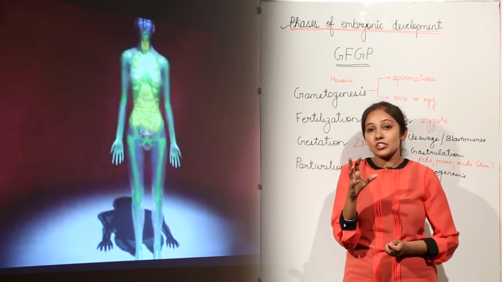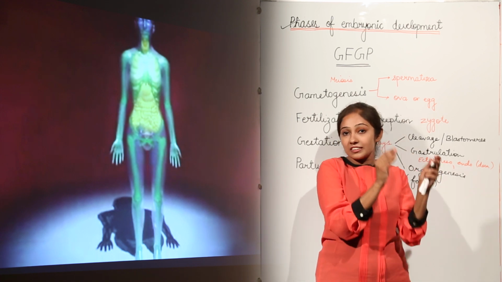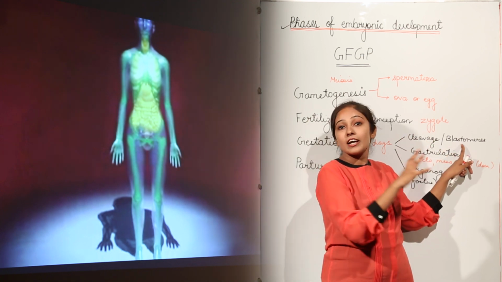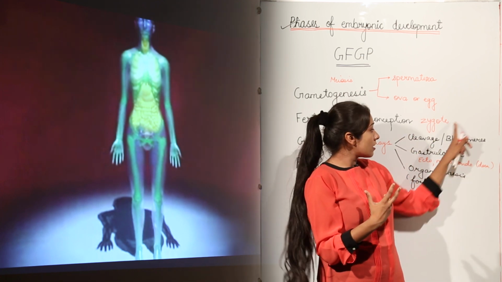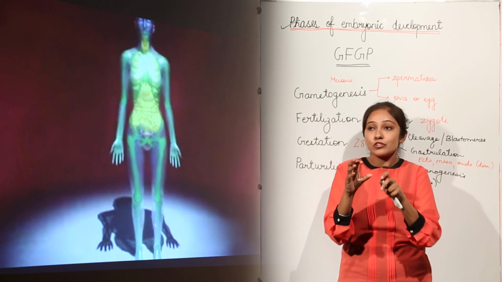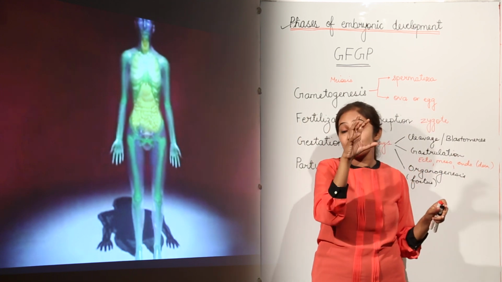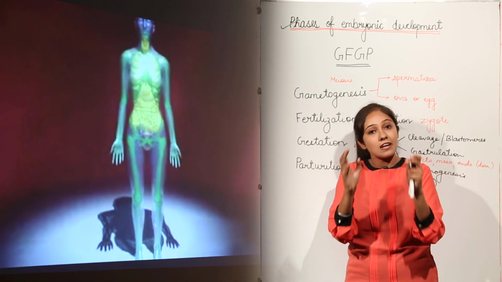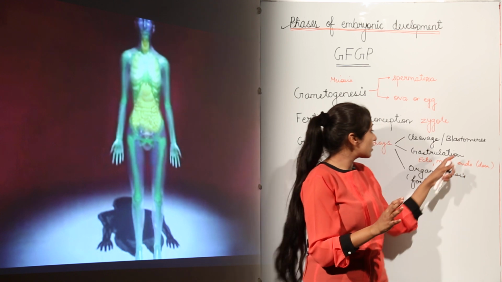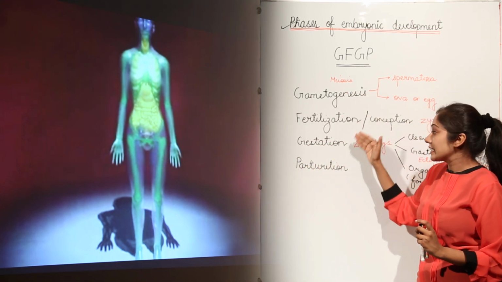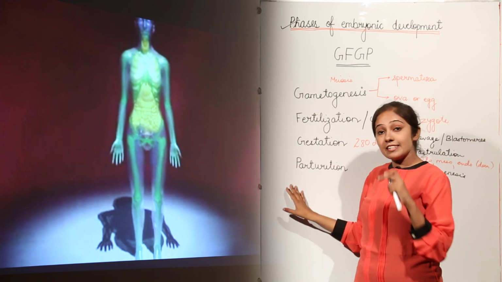Placenta is a tissue which is a link between the mother and the growing baby. So the outer cells of the blastomere are going to serve for the formation of the placenta, and the inner cell mass, which we have shown in the animation as those blue cells, is going to form the whole cell mass of the body. Remember, this is how we talk about the phases of embryonic development, and we'll study these in detail now.